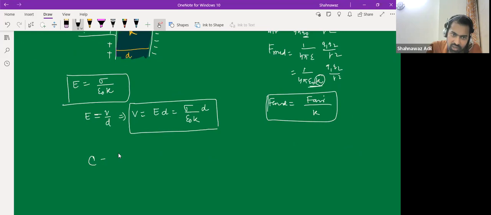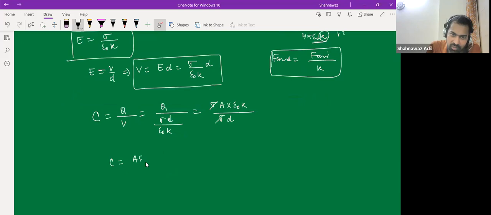This is Q by V, which is sigma D by epsilon naught K. And Q is sigma A, so Q divided by V is sigma A into epsilon naught K divided by sigma into D. So this cancels, and the capacitance would be how much? This would be A epsilon naught K by D.